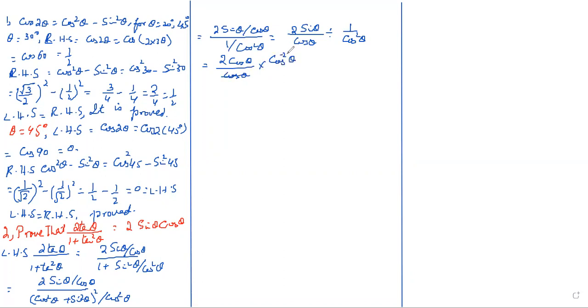This cosine theta gets cancelled with the square, and we have 2 times sine theta into cosine theta. This is our required answer, which equals the right hand side. Therefore, the left hand side equals the right hand side. It is proved.